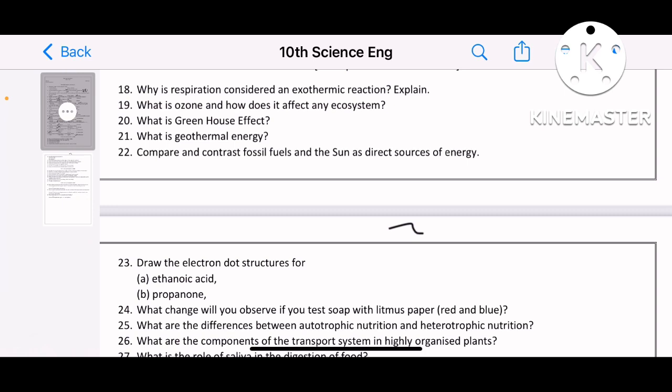Next question, question number 22. Compare and contrast fossil fuels and sun as direct source of energy. As we all know, fossil fuels are non-renewable sources of energy. They are also called conventional sources of energy.